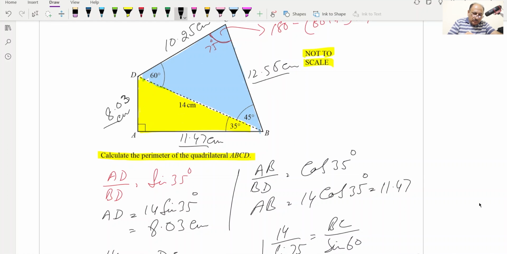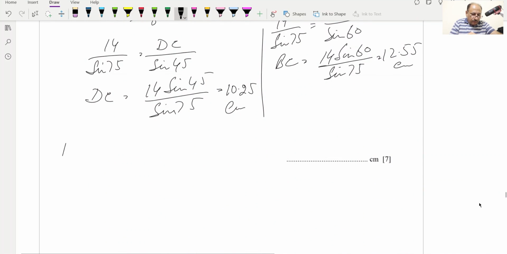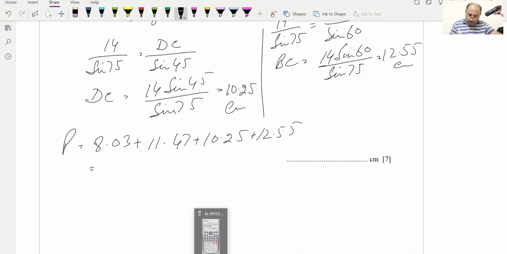These four sides we will be adding to find the perimeter. So our perimeter will be equal to 8.03 plus 11.47 plus 10.25 plus 12.55, and this will be the perimeter.